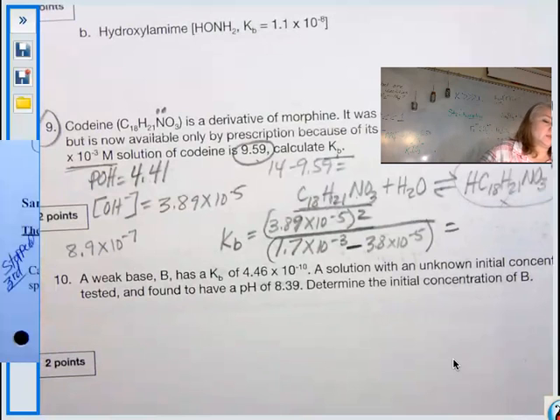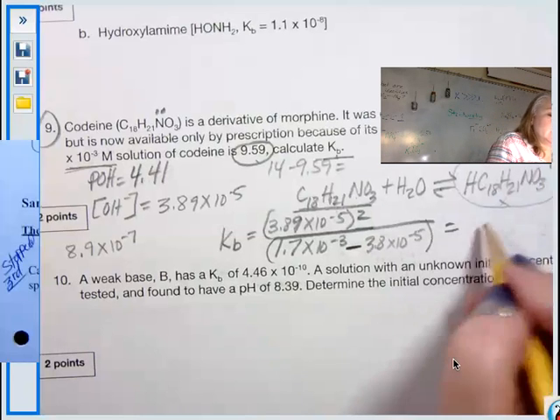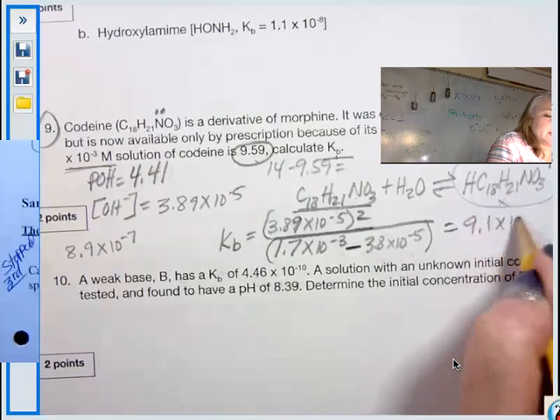The rest of us are going to subtract. It does make a difference. So 9.1 times 10 to the negative 7.